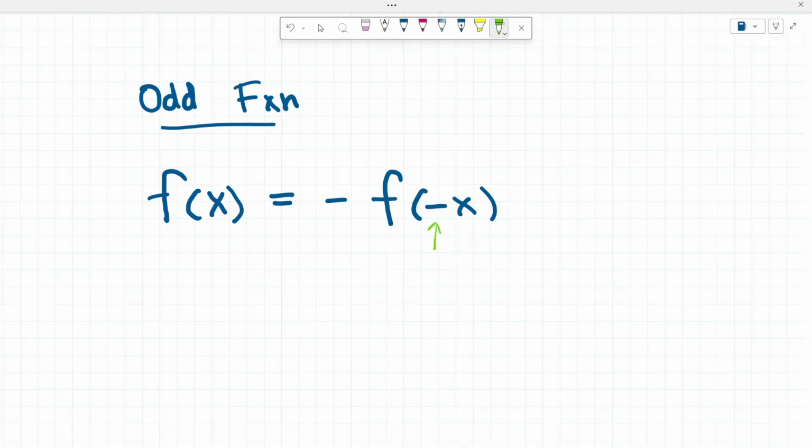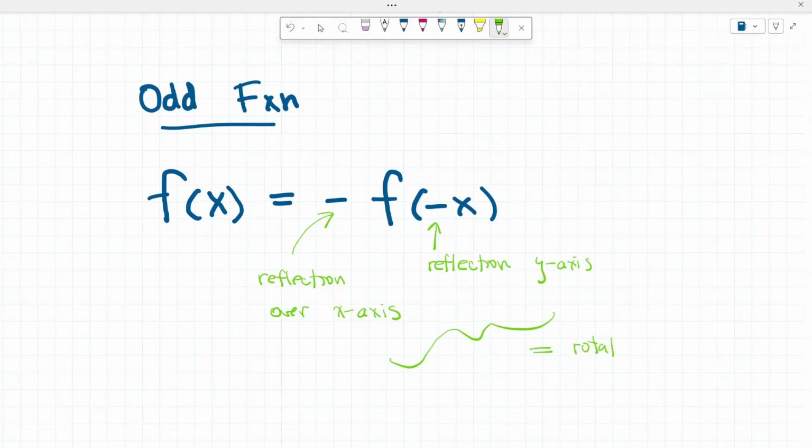So this means that we have a reflection over the y-axis, a horizontal reflection, but then we also have a negative out front, which represents a vertical reflection, a reflection over the x-axis. Since we have two reflections here, over y and over x, together this means that we have a rotation of 180 degrees.